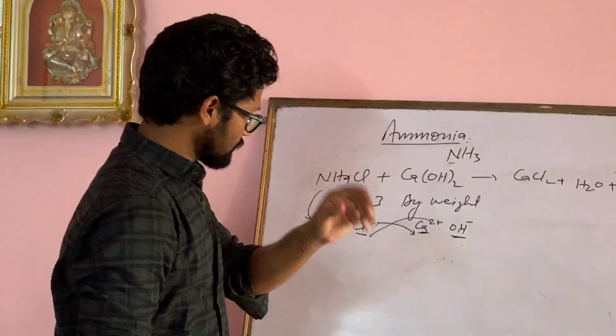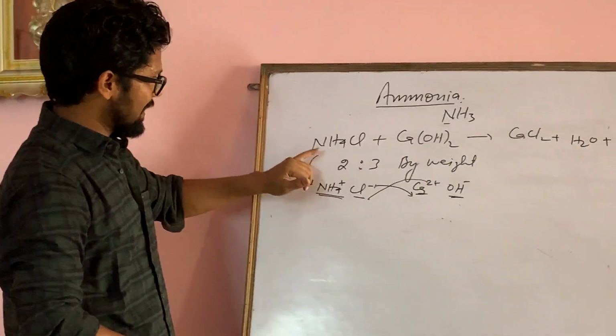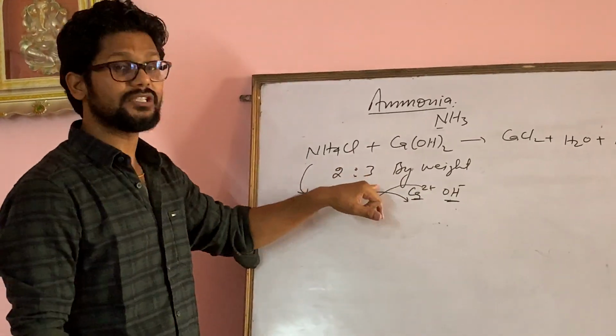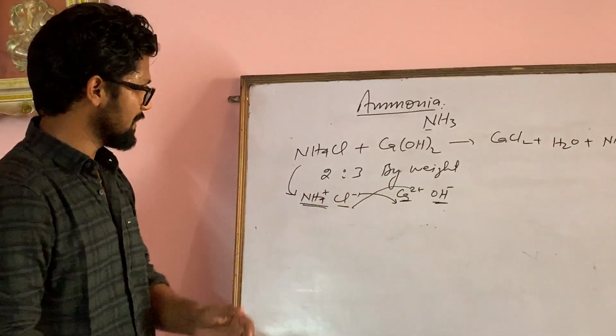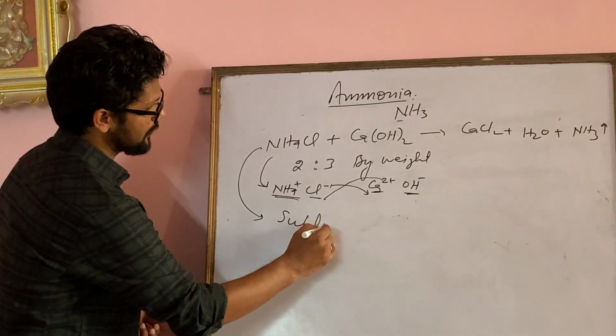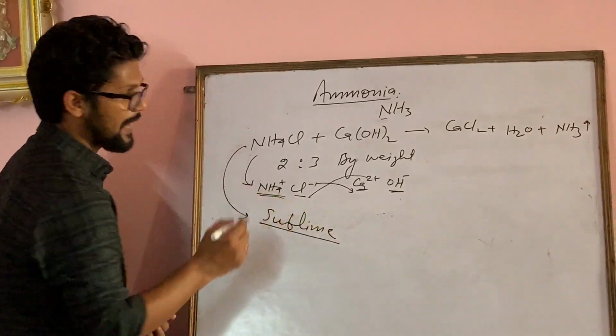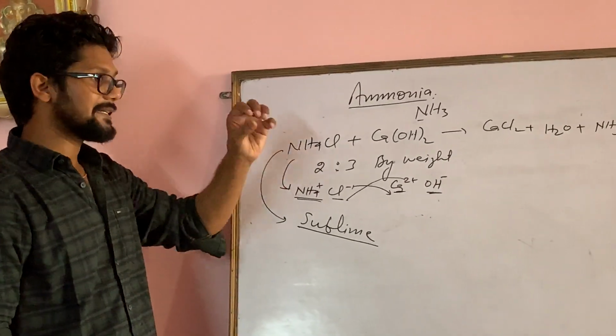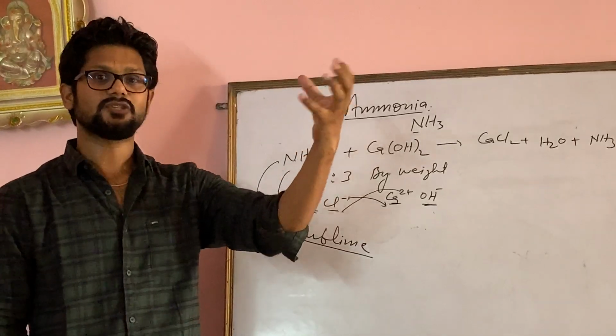One more thing: here you can see that the ratio of ammonium chloride and calcium hydroxide is 2:3 by weight. Why? The reason is that ammonium chloride is a sublime particle. It sublimes, so if its weight is more, it can vaporize. Sublime means it will change into vapor.